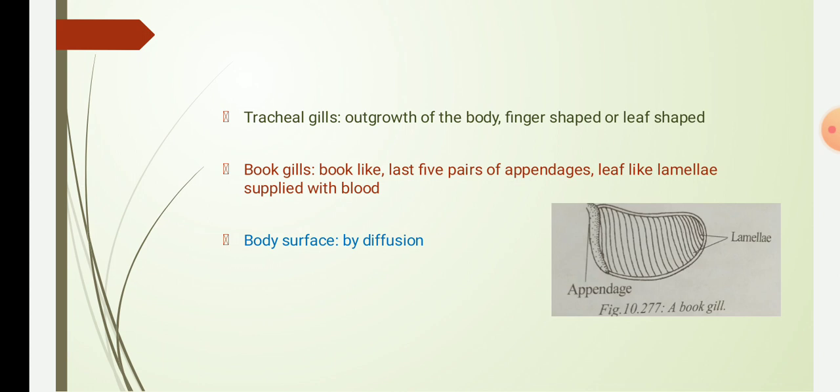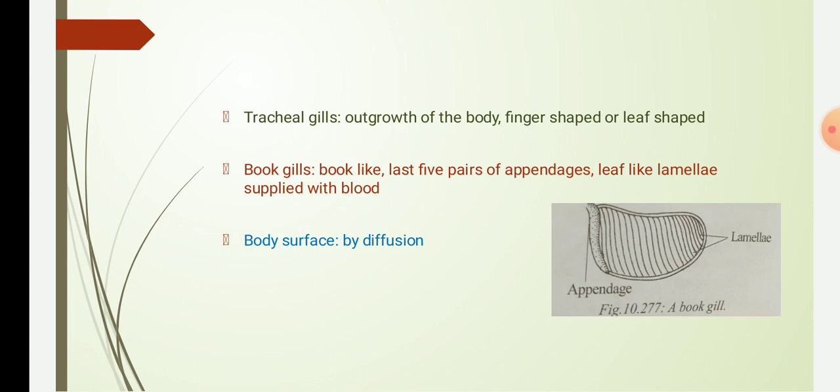The next one is the book gills. Book gills, as the name suggests, are book-like. These are the respiratory organs of Limulus. Limulus has 5 pairs of book gills, attached to the last 5 pairs of appendages.